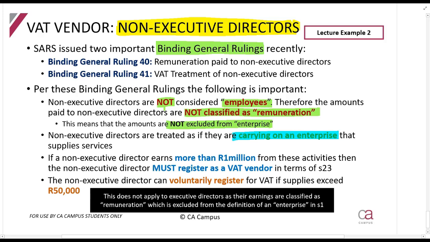So if they are carrying on an enterprise, they are supplying services, right? Then, if they make more than R1 million a year, they must register as a VAT vendor. And if they make more than 50,000, they can voluntarily register. So the normal rules apply. So if you're a non-executive director, you are treated like a person who is rendering independent services to a company, and therefore you might have to register as a VAT vendor if you meet these requirements.